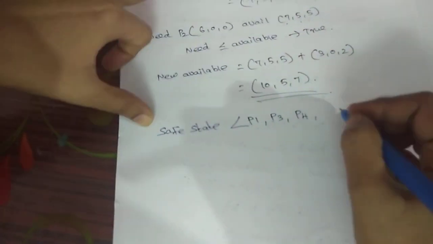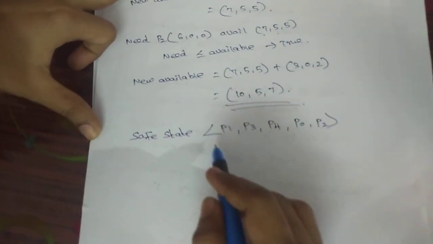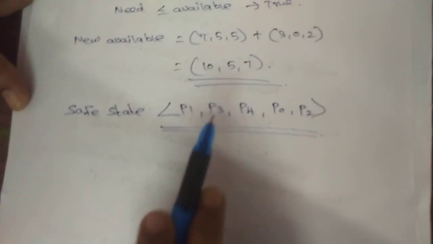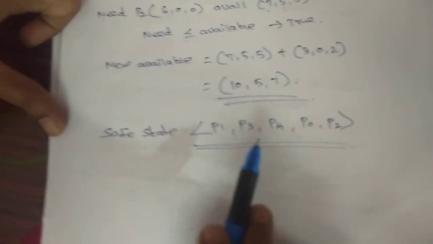After that we succeeded with P0 and then P2. So this is the order of execution. If the processes are executed in this order, the system will never enter a deadlock state. Automatically your system is in a safe state. Okay, thank you.